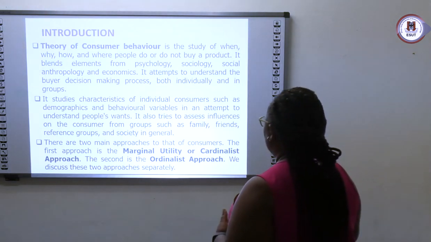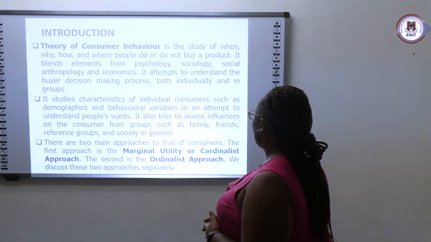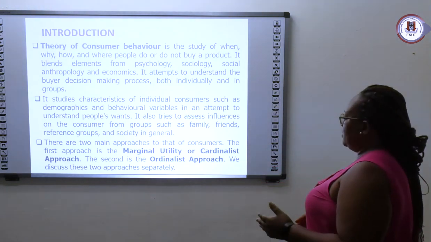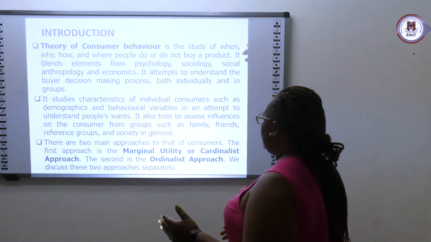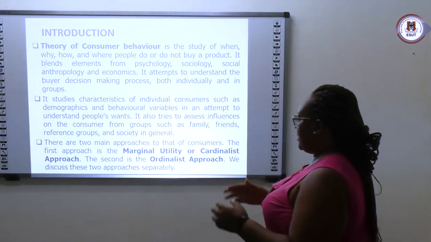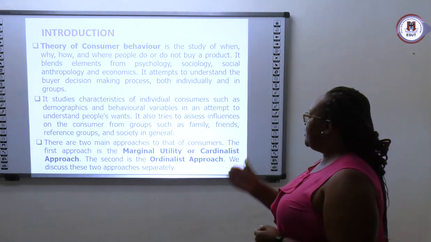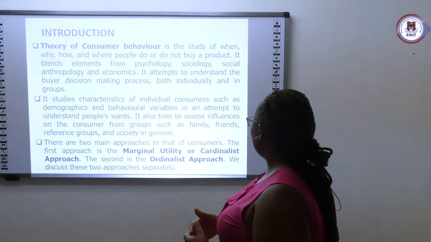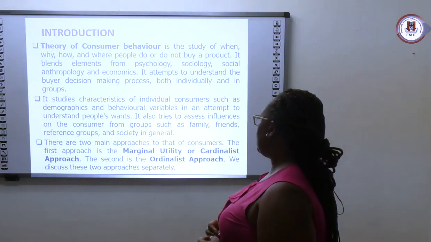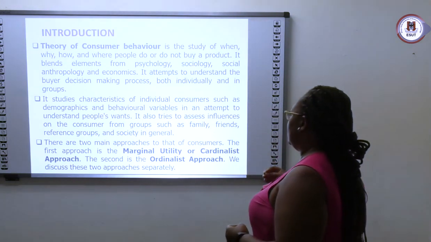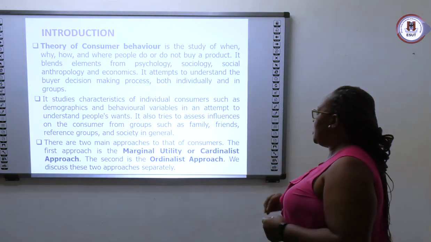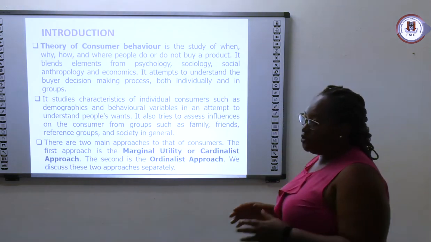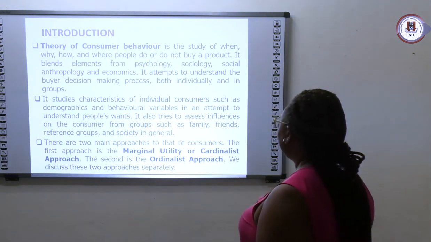In a case where the consumer wants to buy a particular product, even though he has no money to buy it, because of the influence of peer groups, family or friends, he will force himself to buy that particular product, even if he doesn't have any need for it. And this is a situation where we talk about keeping up with the Joneses in the society.